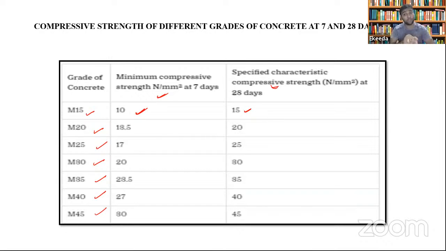The subject name is also CPM and the chapter name is also CPM, that is critical path method. After that, we will see how we can crash the activity so that we can find the optimum duration and optimum cost of the project. Now, after the second set of the CMM, we are moving towards the third portion, that is known as estimation, costing and valuation, in which we are going to see the various types of estimates, as well as how we can find the salvage value, scrap value.